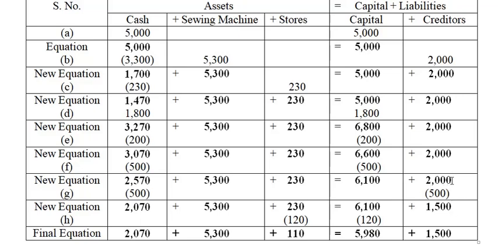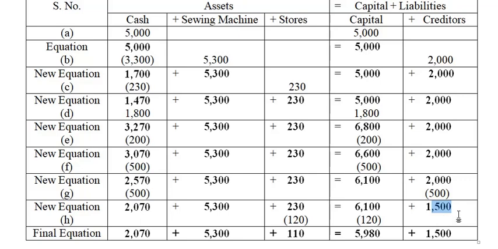Previously it was 2,000, so out of 2,000 you are paying 500, and the remaining balance will be 1,500. Cash will now be 2,070 rupees. For sewing machine, it will be 5,300 as it is, and stores will be 230. Capital will be 6,100, and creditors will be 1,500.